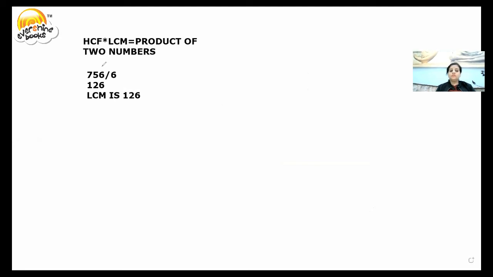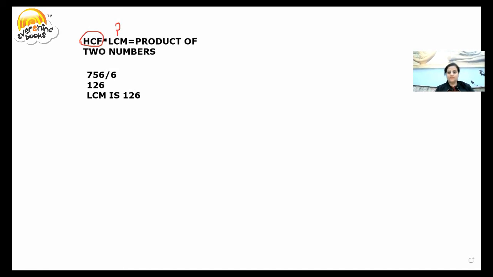We know 756 is the product of the two numbers, and it is going to be divided. We know only the HCF. If we want to find the LCM, we have to divide. Then when we divide, we will get our answer within seconds. 126 will be the answer of this question.